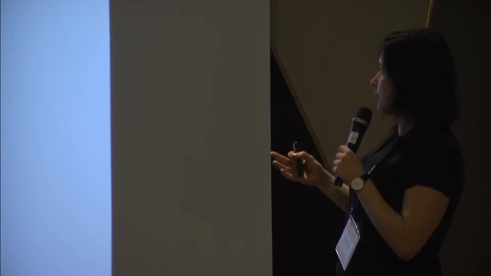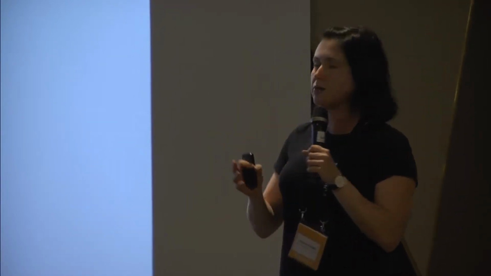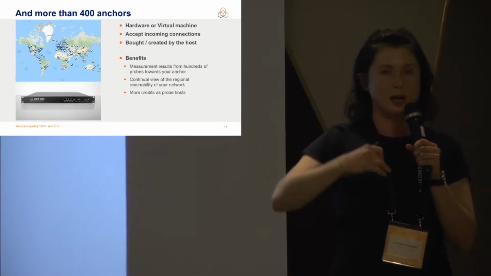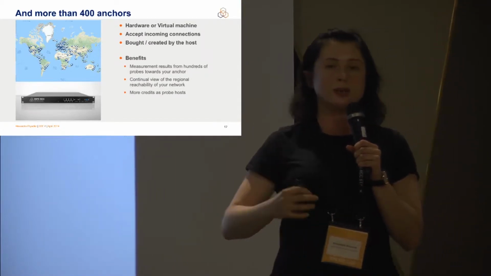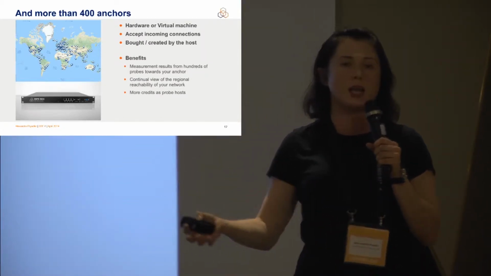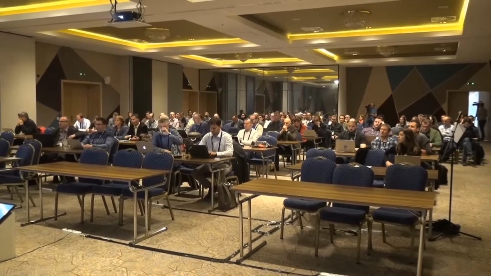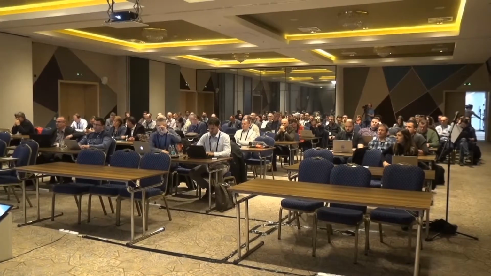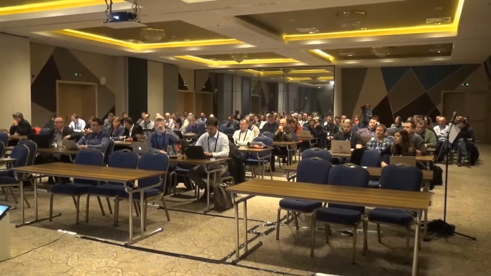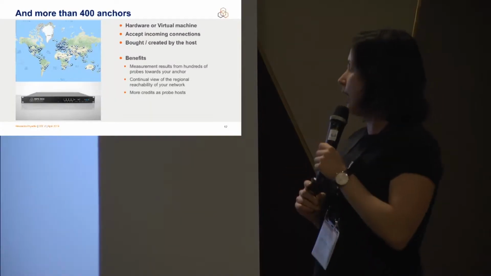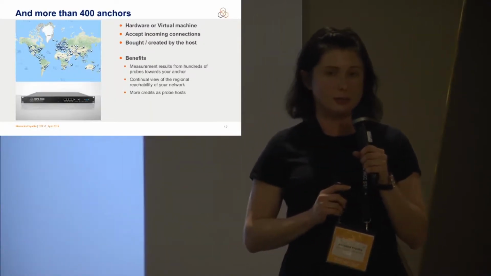The benefit is the measurement results from hundreds of other probes toward your anchor. By default, you will receive all this information without any action from your side. And a continual view of the regional reachability from your network. Everything is done automatically, you don't need to do anything. And you will have more credits.